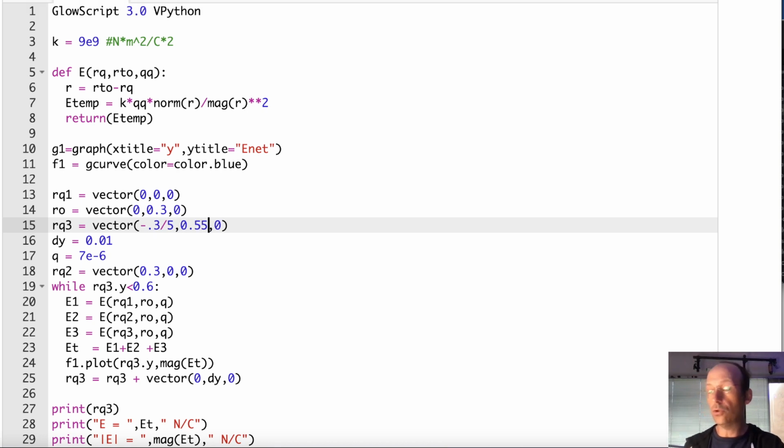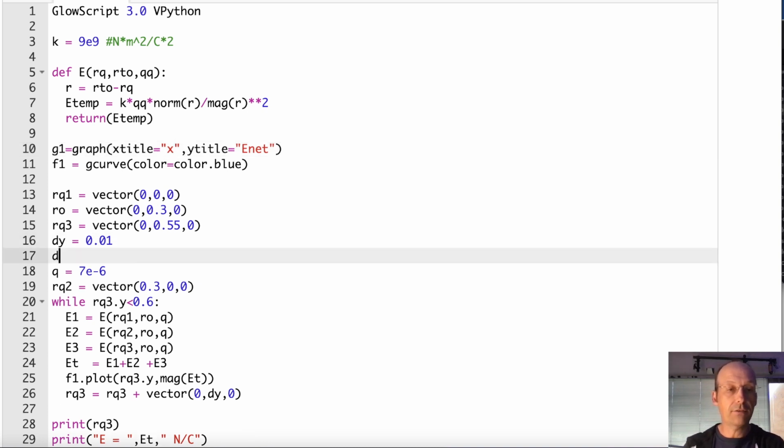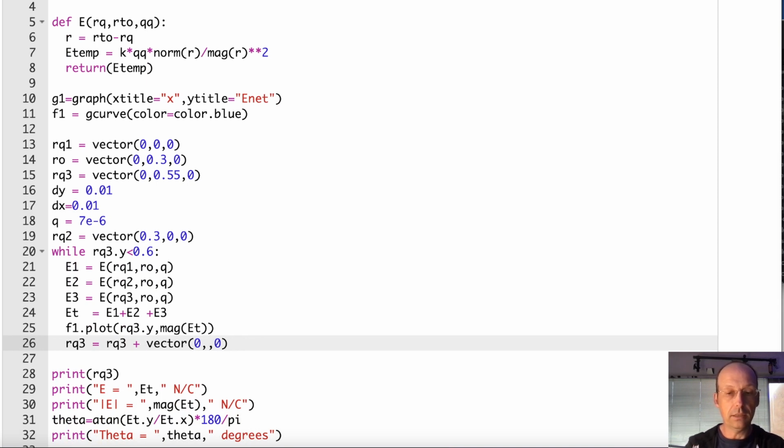And I'm going to move the x value from 0. And now this is actually x. I want to start at 0. And I'm going to move it dx, same amount, 0.01. I'm going to move that way, away from it. So over here, I'm going to move this 0, negative dx.